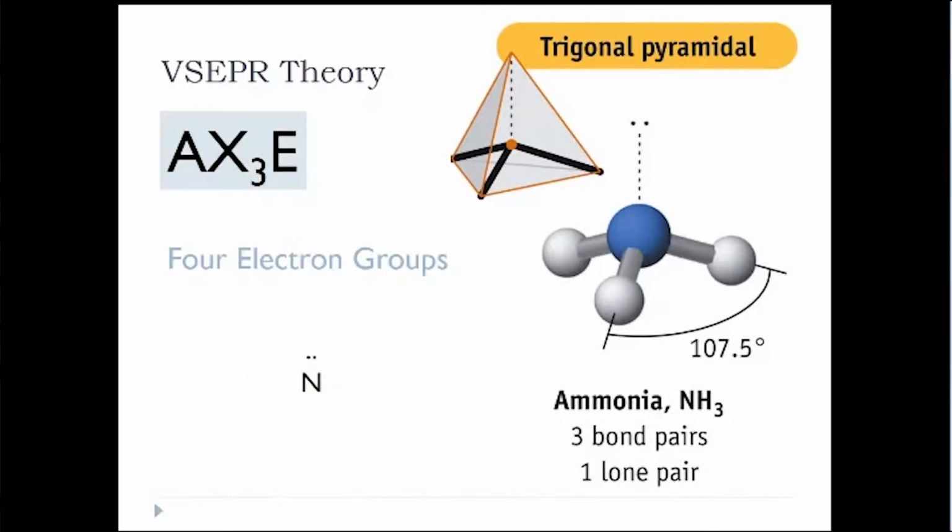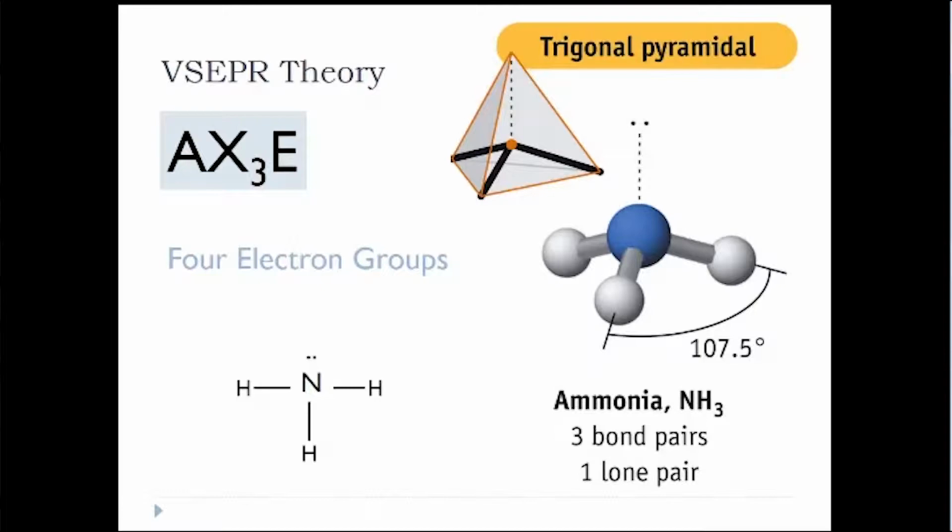But what if there are non-bonding electrons in our Lewis structure for a molecule? In this case, we're looking at the ammonia molecule, NH3. Even though the shape of a molecule, or a polyatomic ion, doesn't include any lone pairs, remember the shape comes from the angles between the bonds.